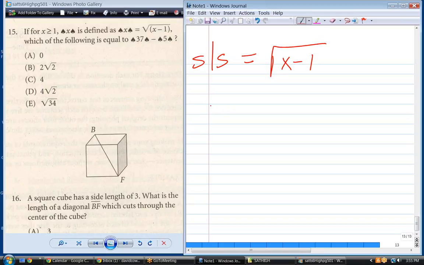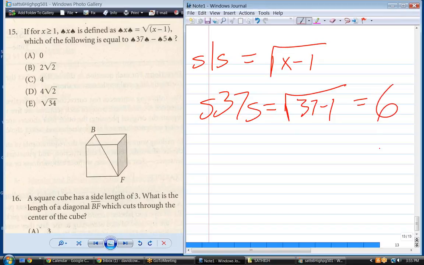So what does spade 37 spade equal? We're going to substitute 37 for x. Notice that that's how they define this function: whatever's in between the two spades goes for x. So that would be the square root of 37 minus 1, which is 6.